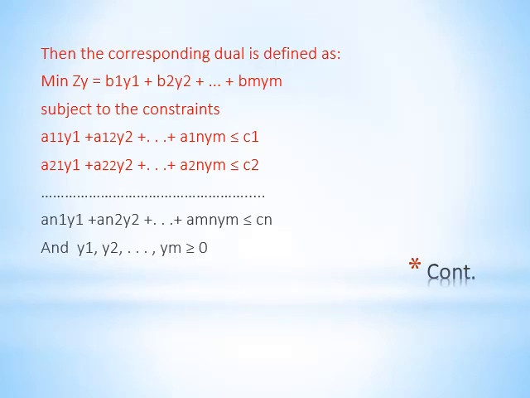Lastly, the non-negativity condition is more or equal 0, obviously. So this is the shape of the dual option of the primal LPP.